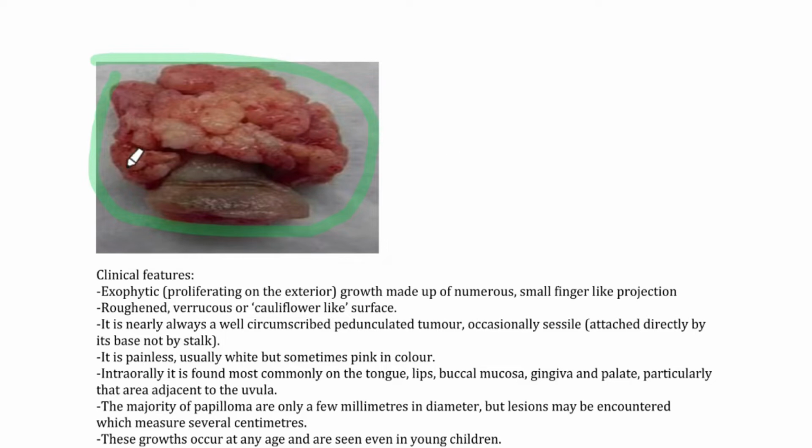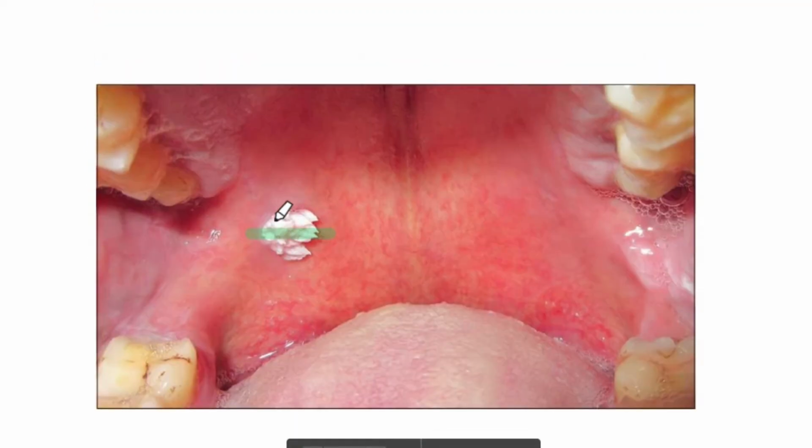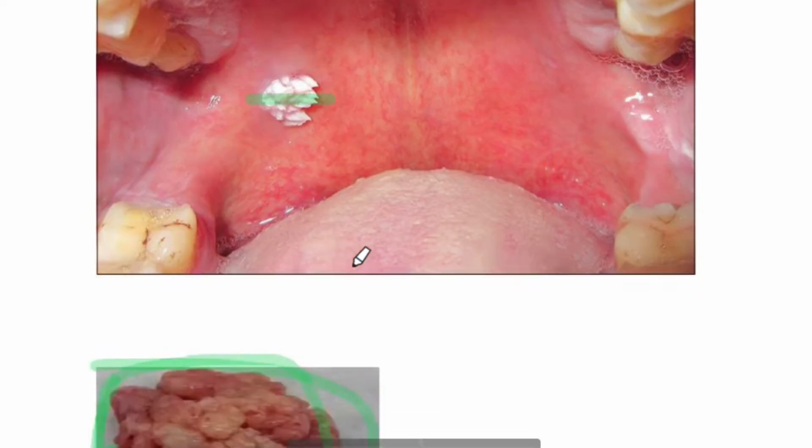As you can see, it has a cauliflower-like appearance. This is quite rough, it's not smooth. And it has finger-like projections, which project outwards, as you can see in this picture.